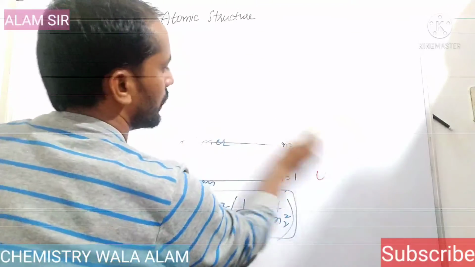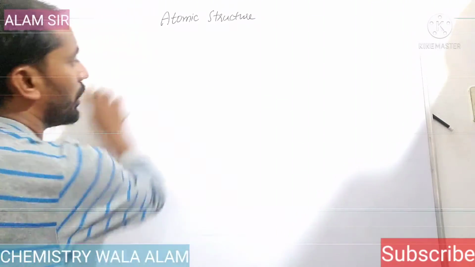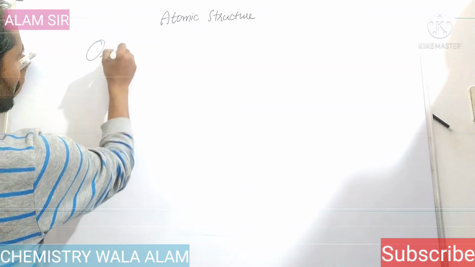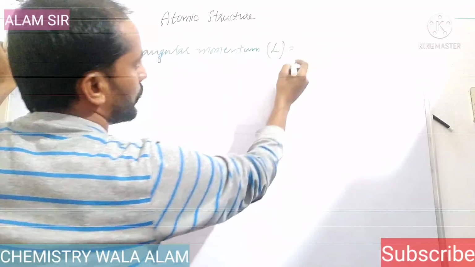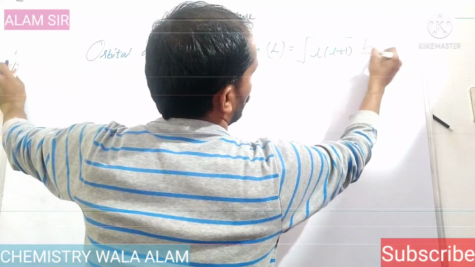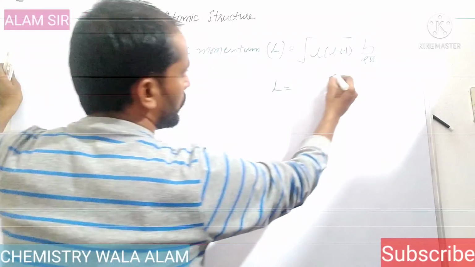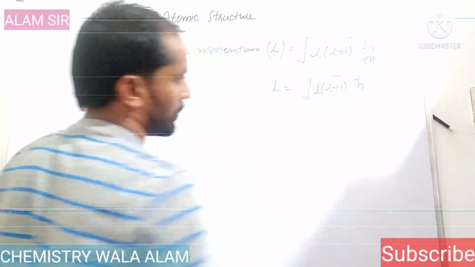Next, here two more formulas are there. Orbital angular momentum, that is the capital L, that equals under root of L into (L plus 1) h by 2 pi, or you can write orbital angular momentum equals under root of L into (L plus 1) h bar.